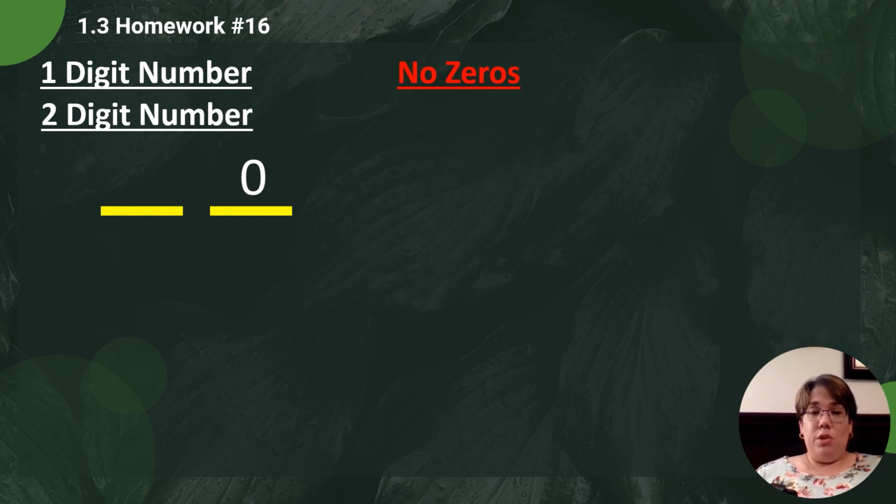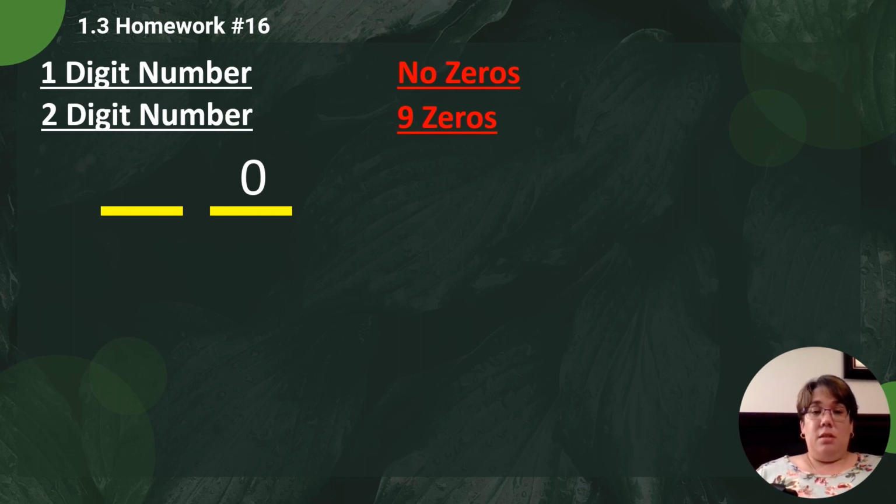But you could have a 0 in this second blank. So there are only 9 different options for the two-digit numbers, which means there are only going to be 9 zeros. Does that make sense? If you're counting the number of zeros, it would just be 10, 20, 30, 40, 50, 60, 70, 80, and 90. So there are 9 zeros.